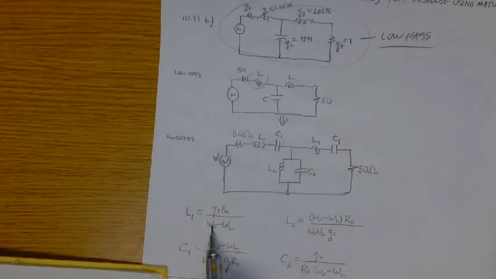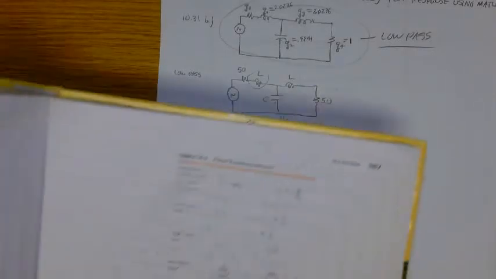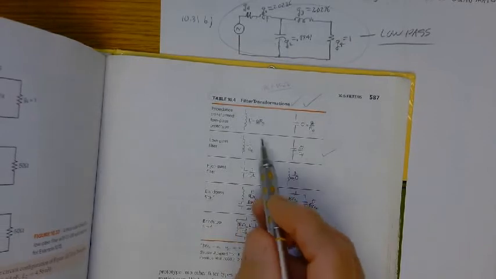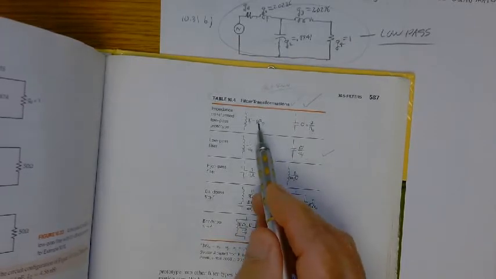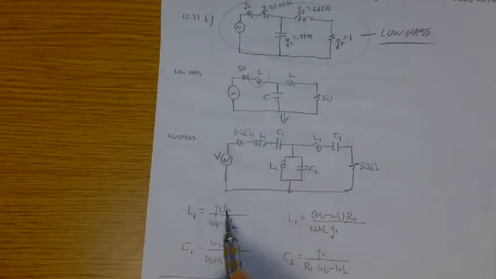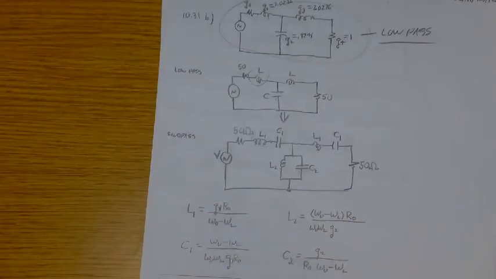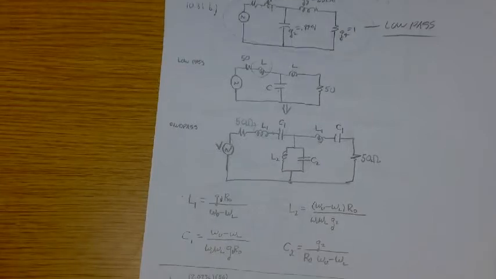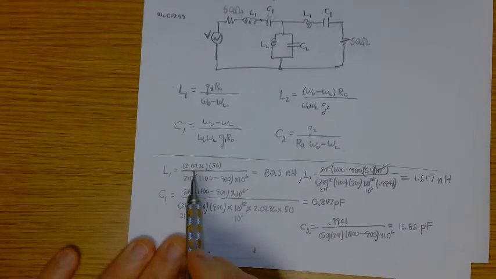You can see down here I'm actually calculating that. The G1 value is 2.0236 times 50, divided by 2 pi times 1100 minus 900 hertz, and it's megahertz, so it's times 10 to the 6th. So L1 is going to be 80.5 nanohenries.